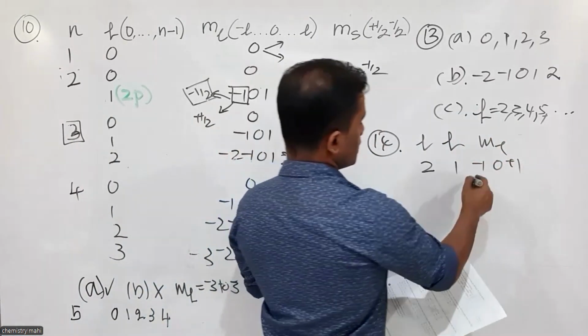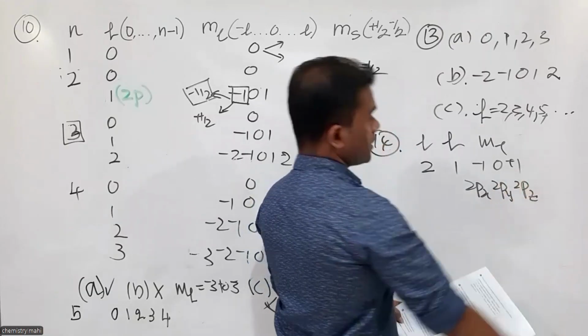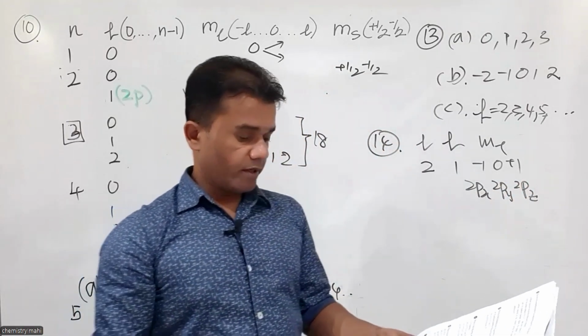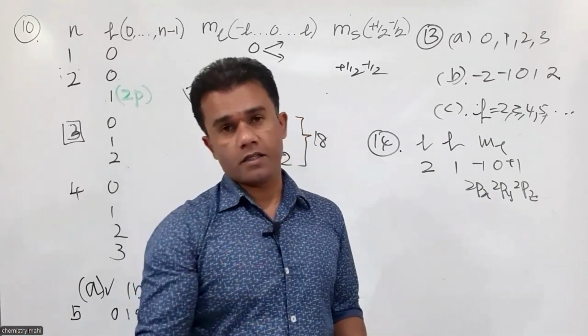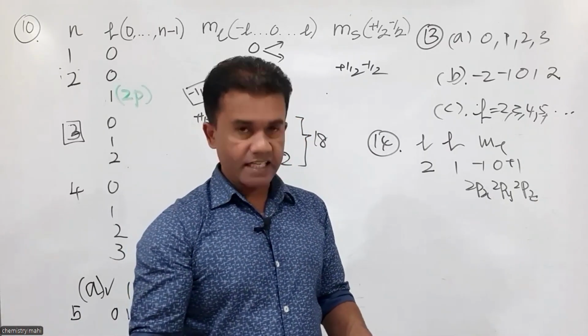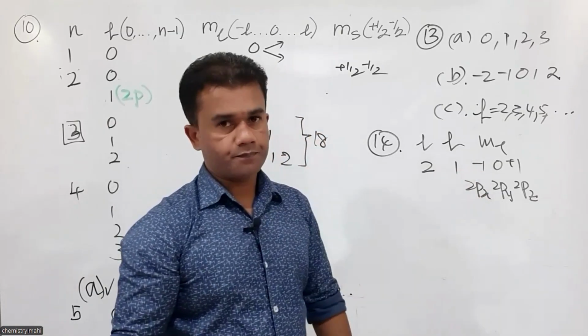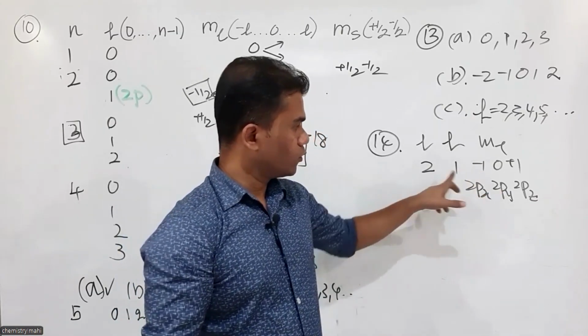This can be 2px, this can be 2py, this can be 2pz. They ask for each 2p orbital. 2p can have three orbitals, 2px, 2py, 2pz. Then they ask to write N, L, ML. For 2px, 2, 1, minus 1. 2py, 2, 1, 0.